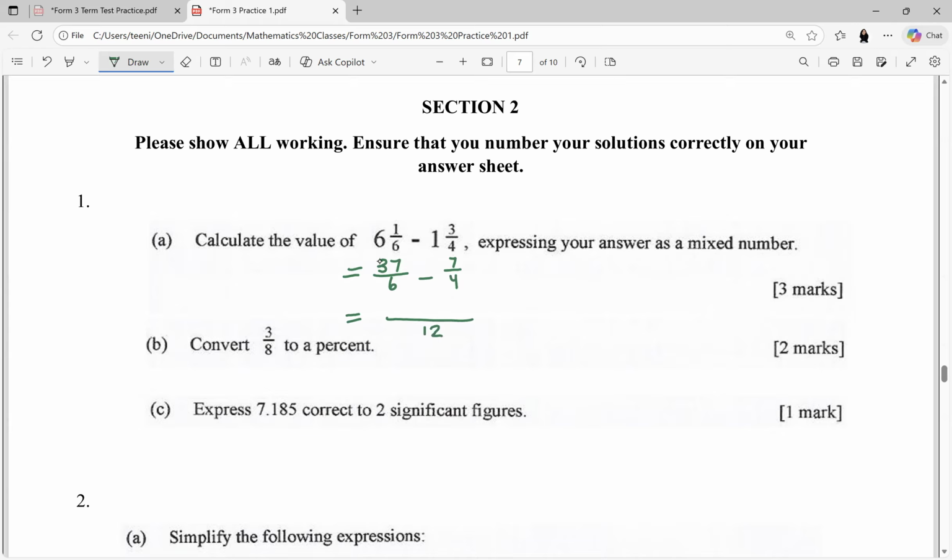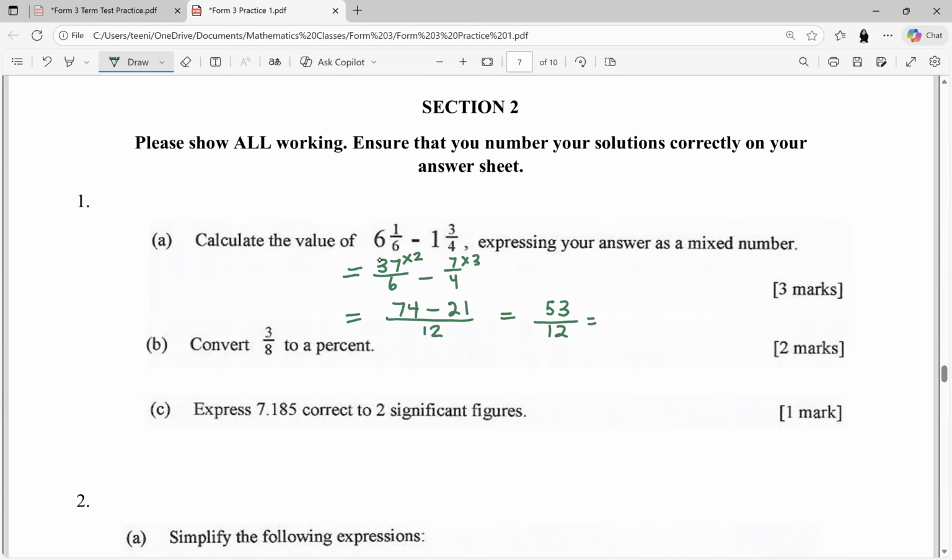So 6 goes into 12 2 times, and 37 times 2: 7 2s are 14, 3 2s are 6 plus 1, which is 74. 4 into 12 is 3, and 7 3s are 21. So then 74 take away 21 would be 4 take away 1 is 3, 7 take away 2 is 5, 53 over 12.